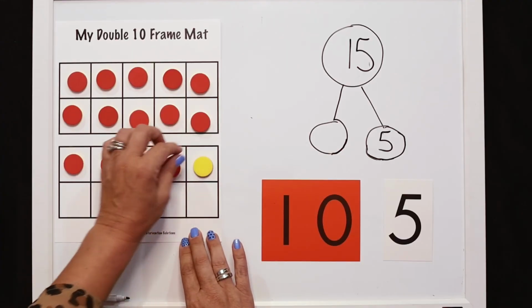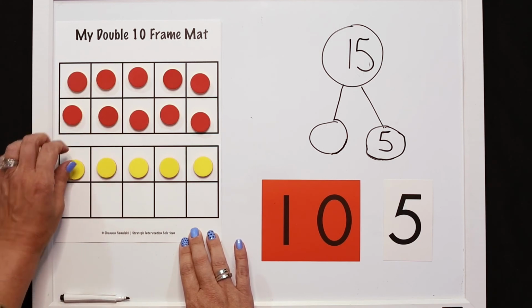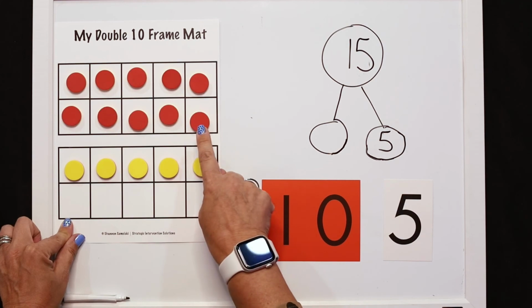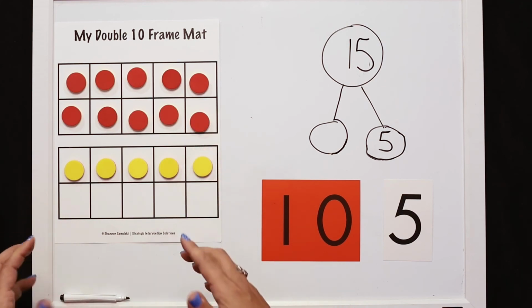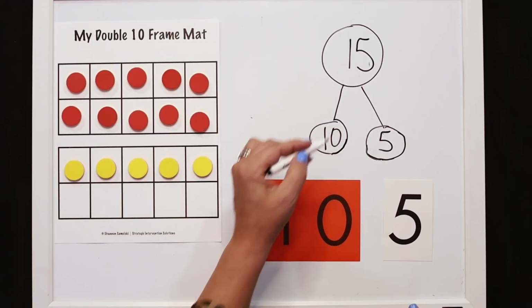So we're going to turn these over, 1, 2, 3, 4, and 5. There's our 5, and here is our full 10 frame at the top that has 10 counters in it. So we can go over to our number bond and add that 10. This is a great discovery for helping Value Pak.